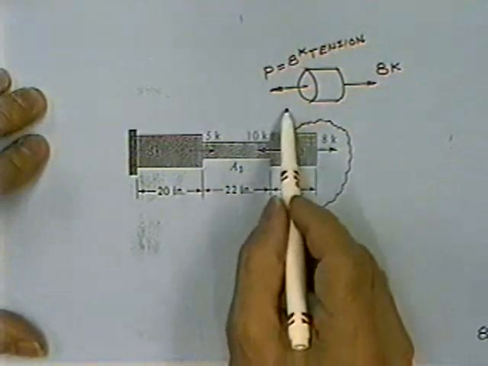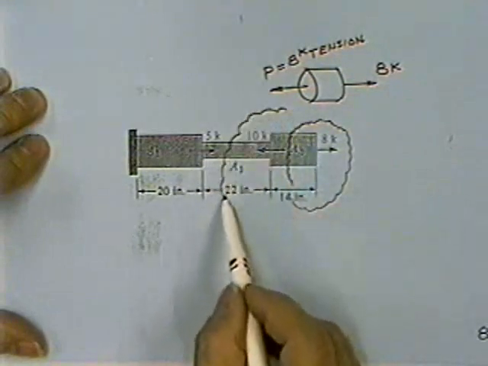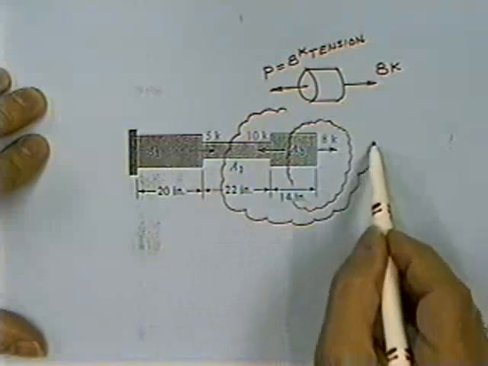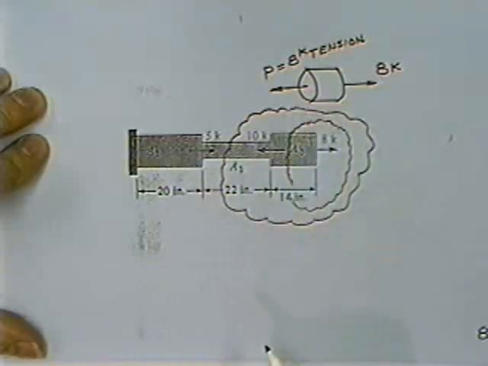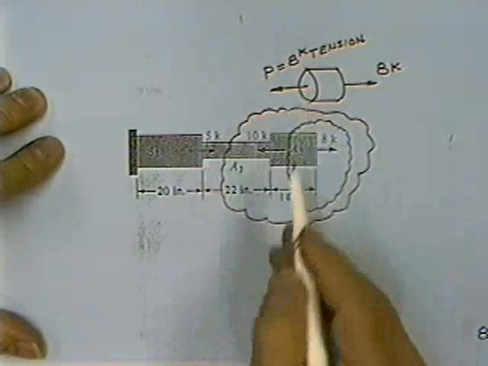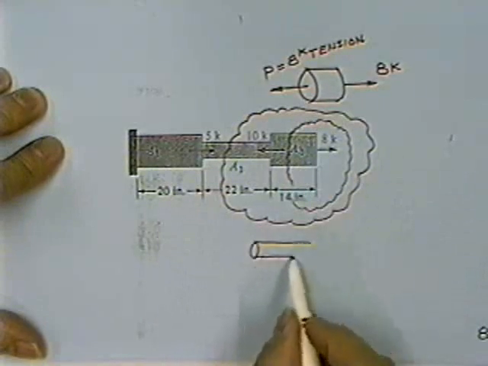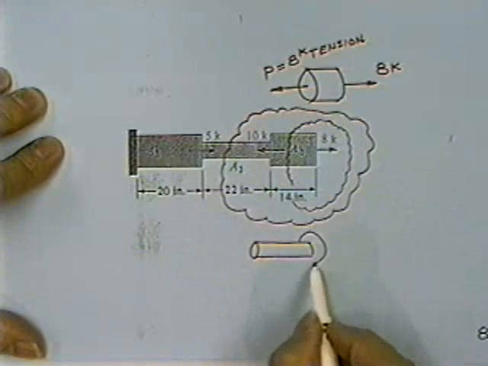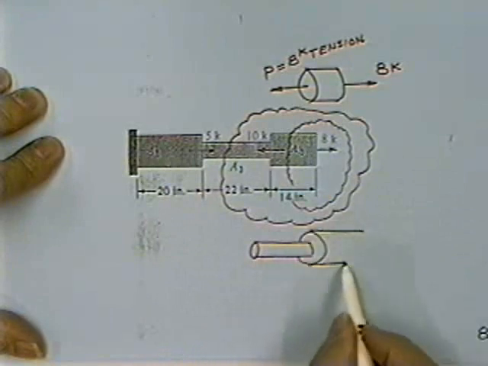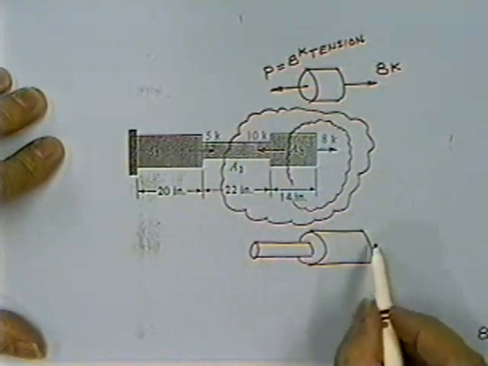Same way on the next piece of the bar. Draw me a free body. Put all the forces involved on the free body.